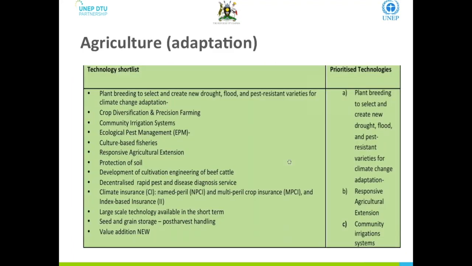The other sector that we looked at is agriculture, and on the left you see the long list, but we zeroed in on three areas. One of them is plant breeding, because the guiding principle here is that climate change is coming and is here to stay.